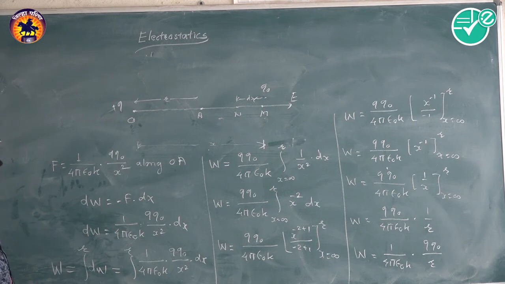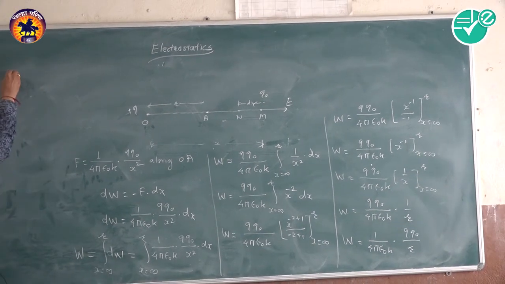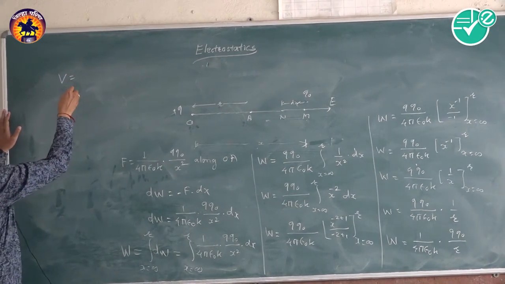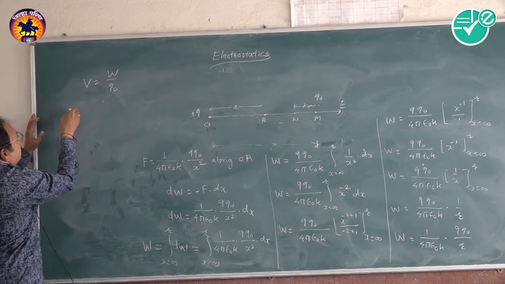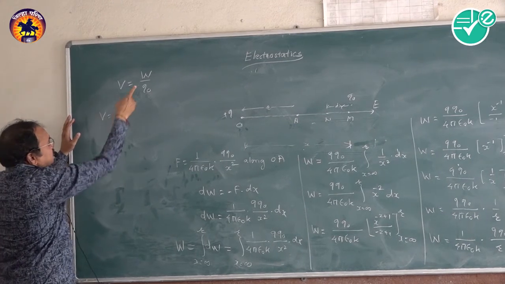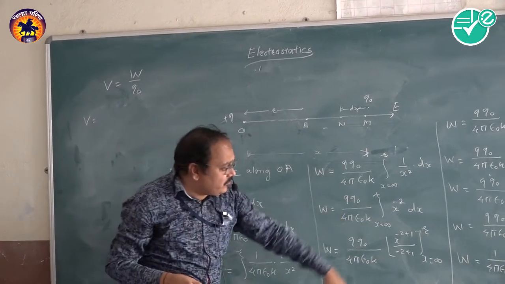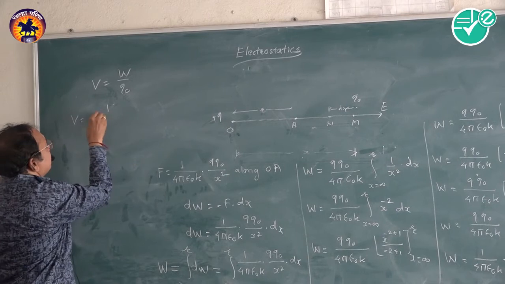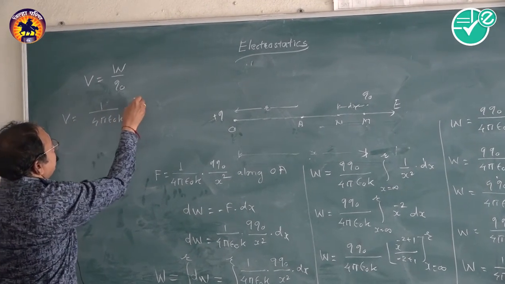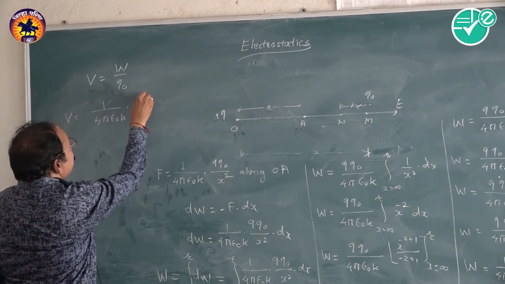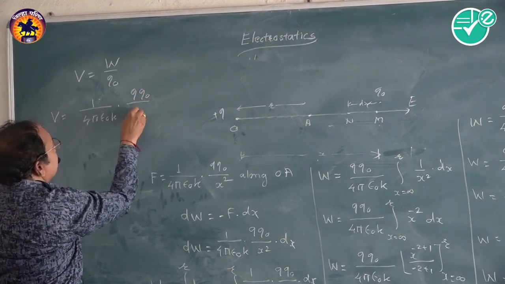Now, we know that electric potential is work done upon q naught. So V equals, what is the value of work done? That value is 1 upon 4 pi epsilon 0 K into q naught upon R, divided by q naught.